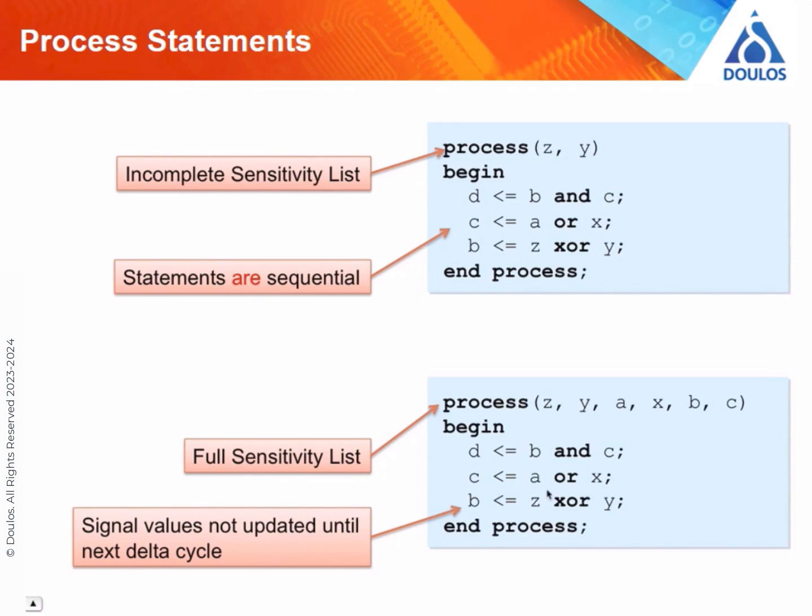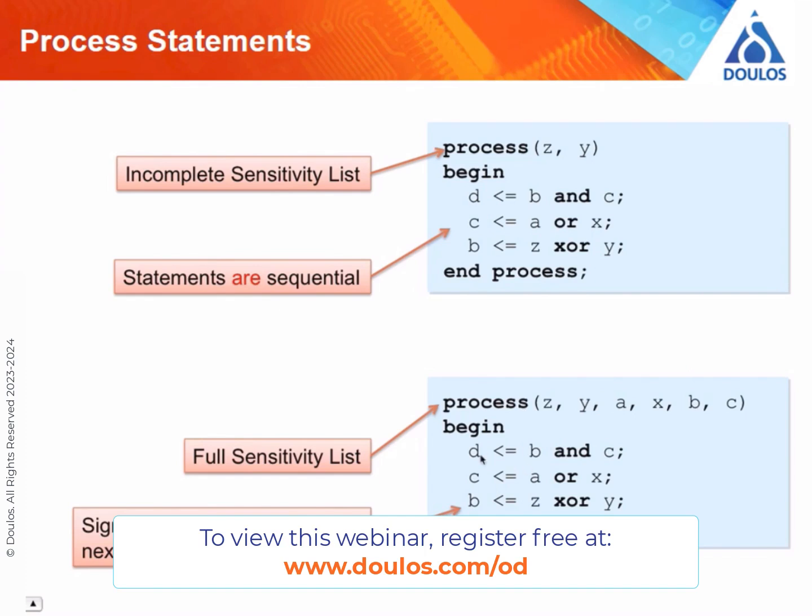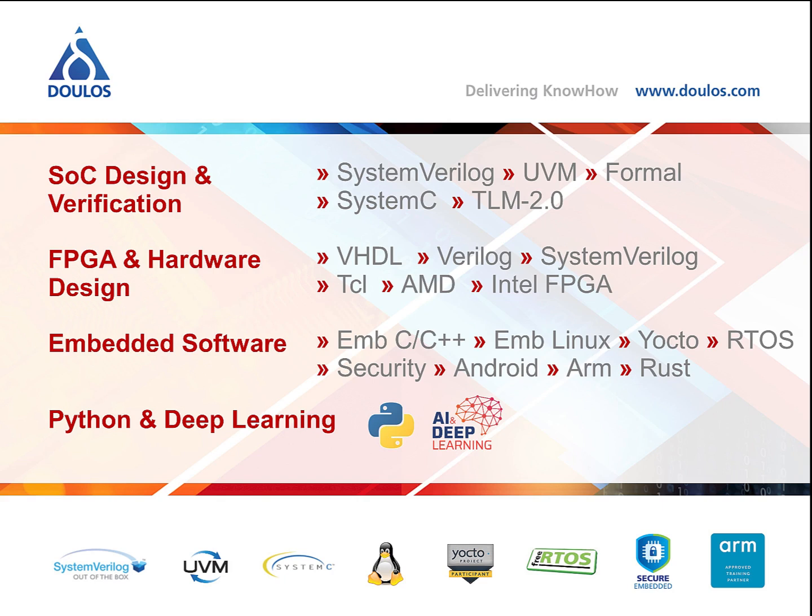So at the end of the first time through, the change in Z will update the value of B. Since B is in the sensitivity list, once it changes, this process will execute again, and then it'll take the new value of B and use it to assign the new value to D. But the key is that the signal values are not updated. Once I do this assign, it doesn't happen right there. It doesn't happen immediately.